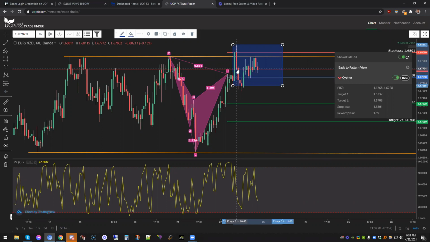The Elliott wave theory is the foundation of all price action. Doesn't matter what chart you look at, the Elliott wave theory is there.